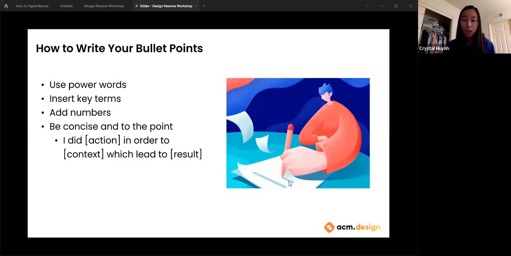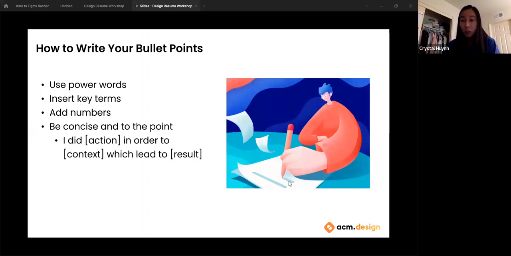Insert key terms. This is one that even I struggle with, even now. With different roles in different industries, recruiters are obviously going to be looking for different things. Especially for design, they're going to want to see that you know how to design wireframes and prototype wireframes, or conduct user research.